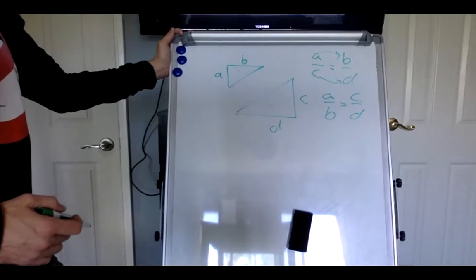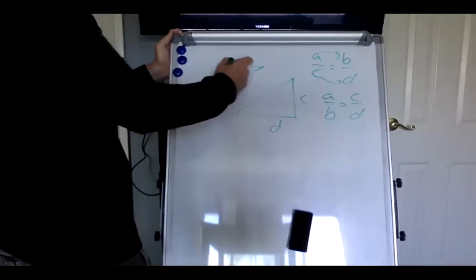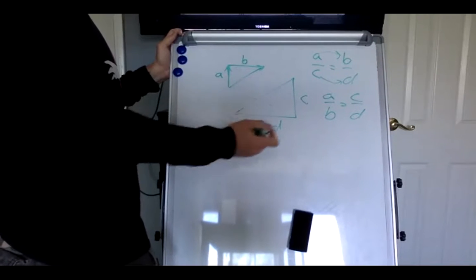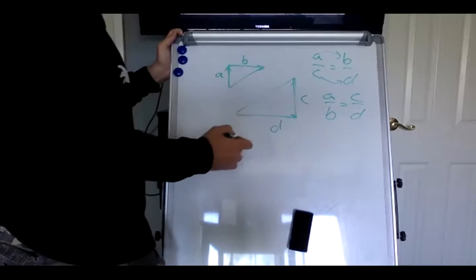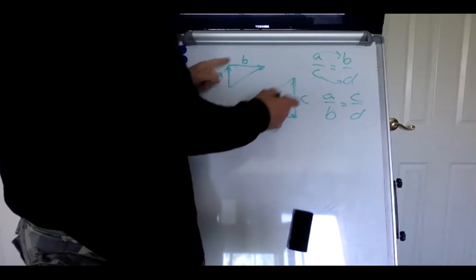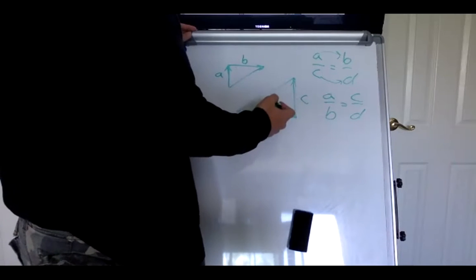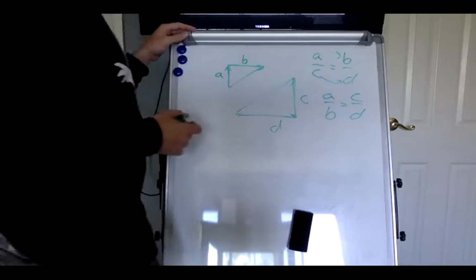But look at A, the ratio of A to B. That's rise to run. That's slope. That's delta Y over delta X. And look at C to D. That's a rise, and this is a run, right? So those are slopes. Because the triangles are similar, the ratios, which are the slopes, are equal.